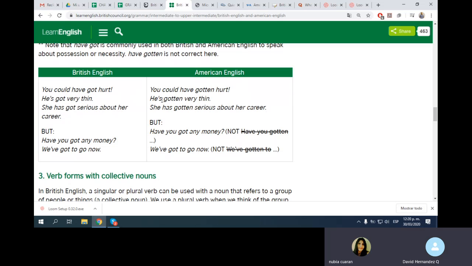Si ves acá, están abreviando el verbo has. Para que vean, un apóstrofe y una S no siempre es he is, she is, sino que hay que mirar lo que sigue. Y en este caso dice gotten. Aquí sabemos que el apóstrofe y la S están contrayendo la palabra has. Listo. He's gotten very thin.